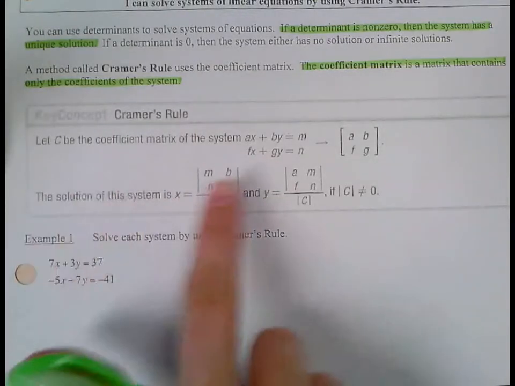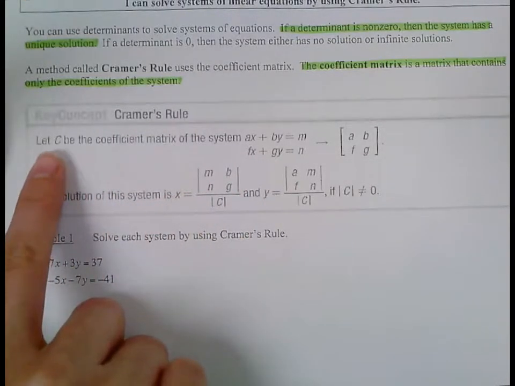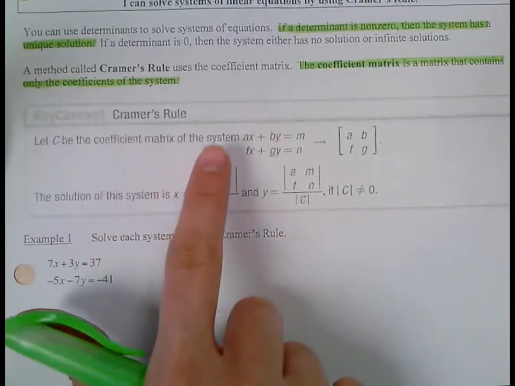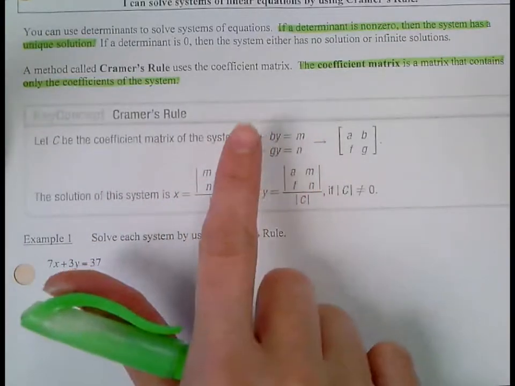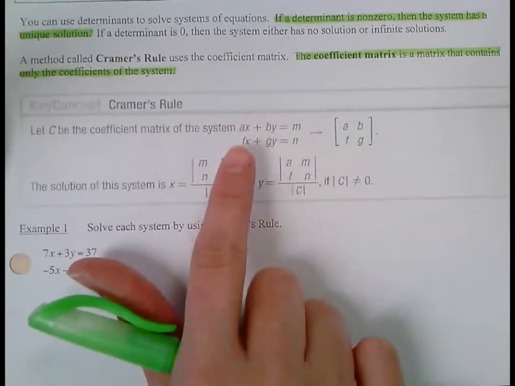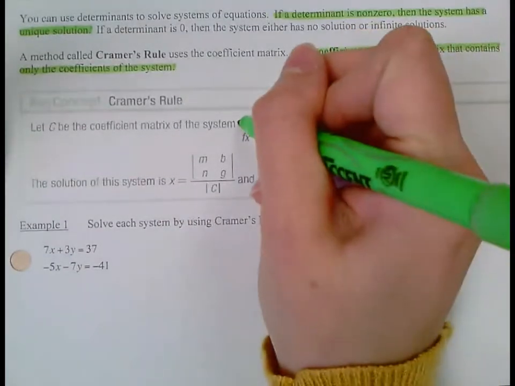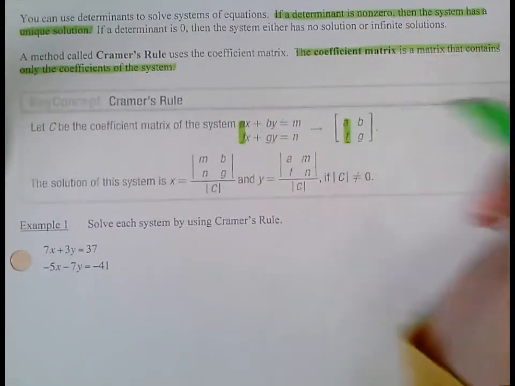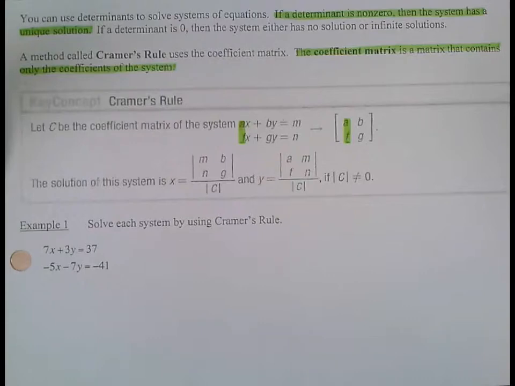But with Cramer's rule, it says let C be the coefficient matrix of the system. So you have a system of 2 equations. And what I want you to notice is that the coefficients of X are the first column of that matrix.